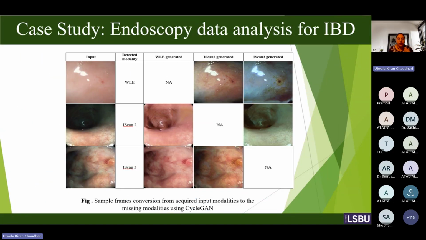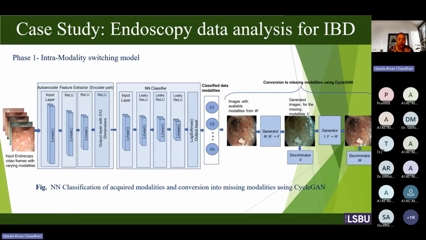Just to give you an idea about what different modalities there are: in endoscopy there is white light endoscopy first, then iScan 2 endoscopy, iScan 3 endoscopy. So different modalities are there, and each modality tries to identify different kinds of features.